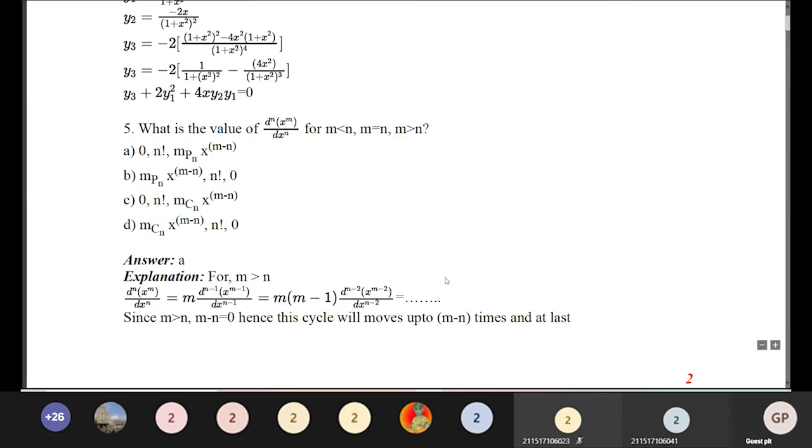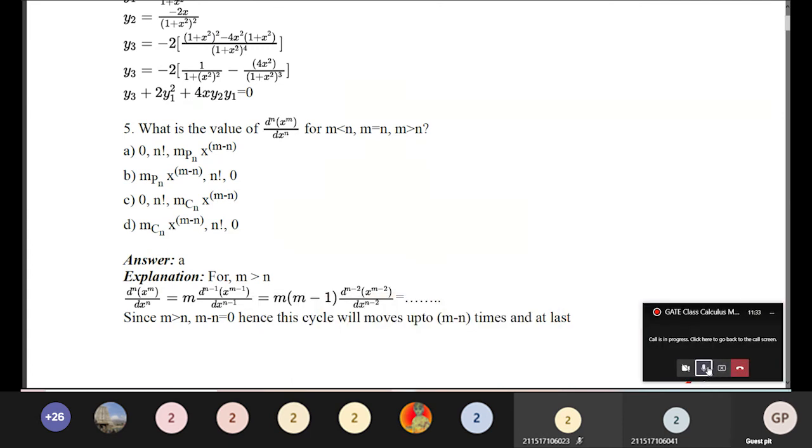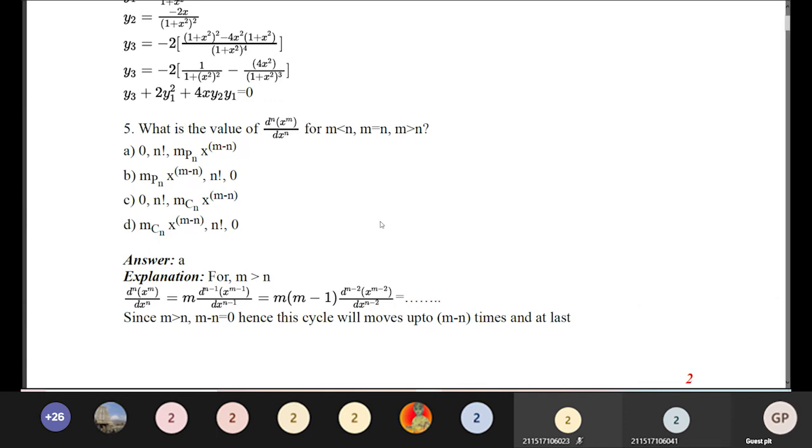What is the value of the nth derivative of x power m? There are three options: m less than n, m equal to n, m greater than n.